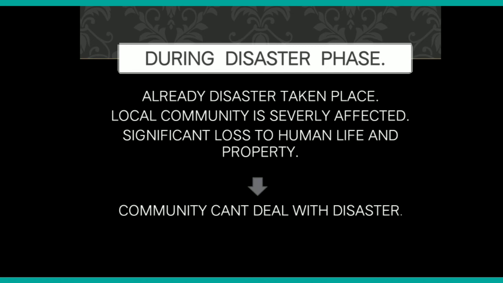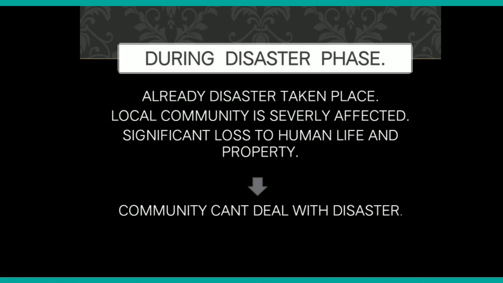The community in this situation can't deal with the ongoing disaster, so it looks for external assistance, either from the government, a private organization, or an NGO. There is no specification, but external assistance is what they receive from outside, not from that place.